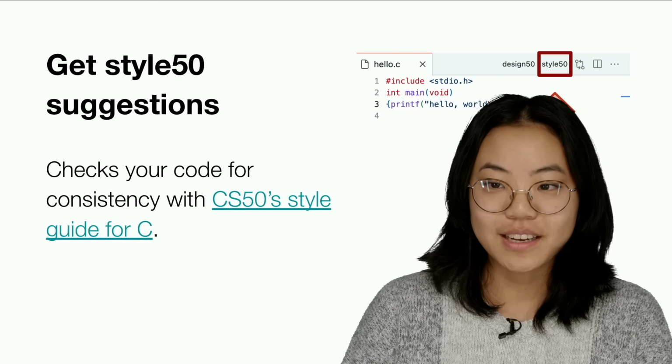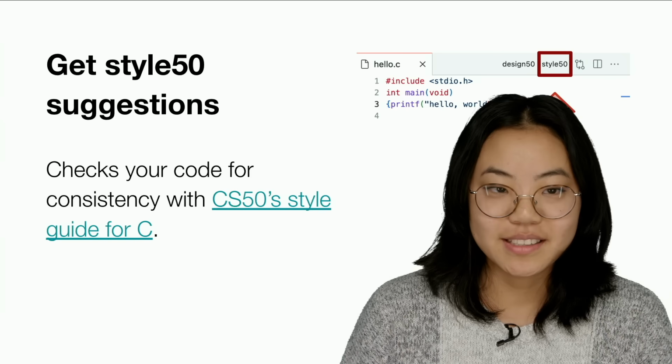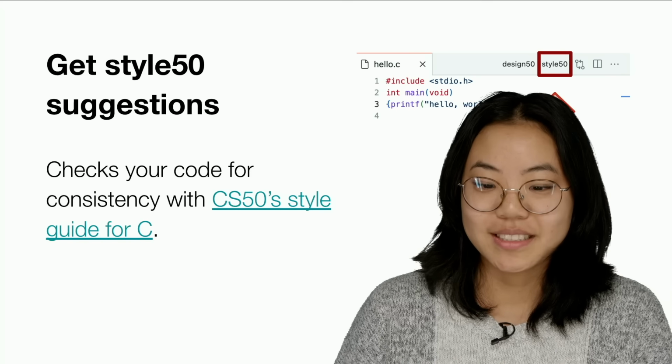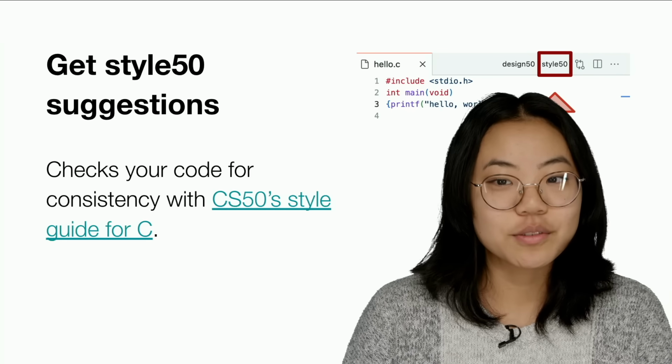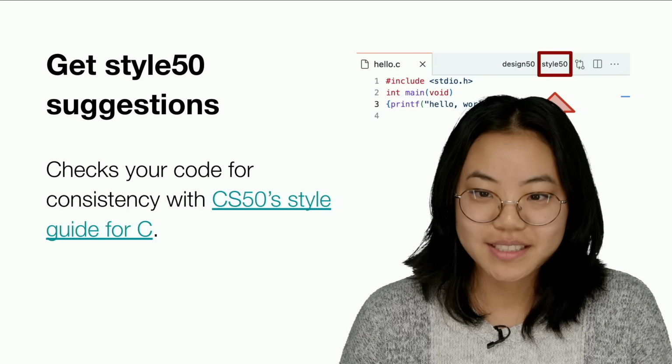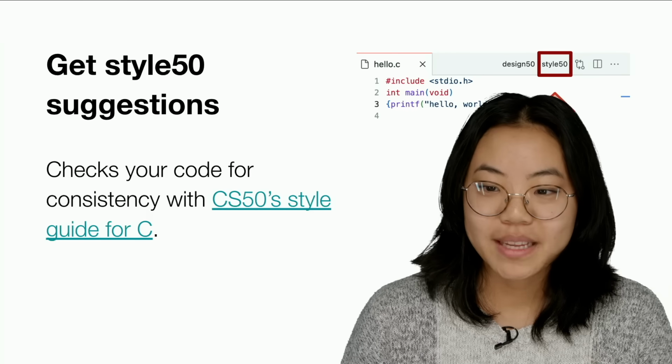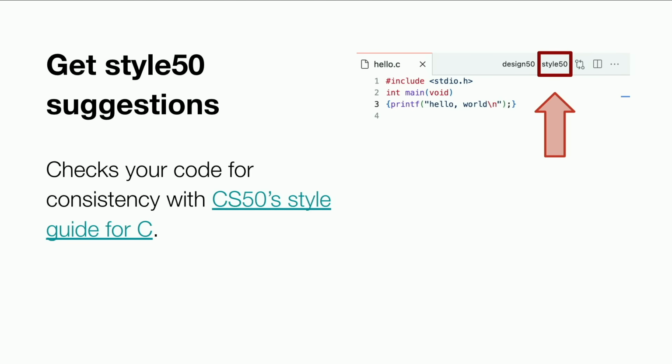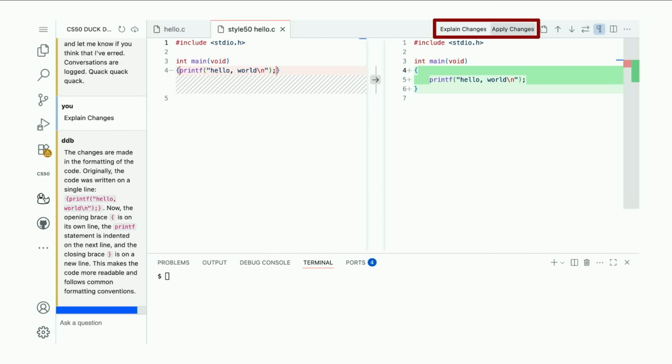We also have this Style 50 button, and this is one of our axes that we grade code on. Style refers to how pretty your code is, how legible, mainly for humans. If you see this example on the right here, it's missing some spacing. You might have noticed that we usually like to have those curly braces on their own line. If you click that Style 50 button, it will show you these two versions, your version and then the stylized version on the right.